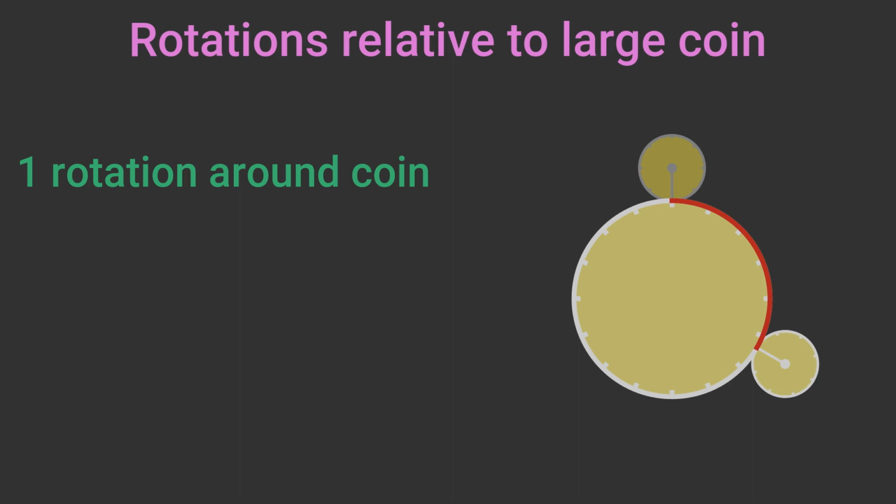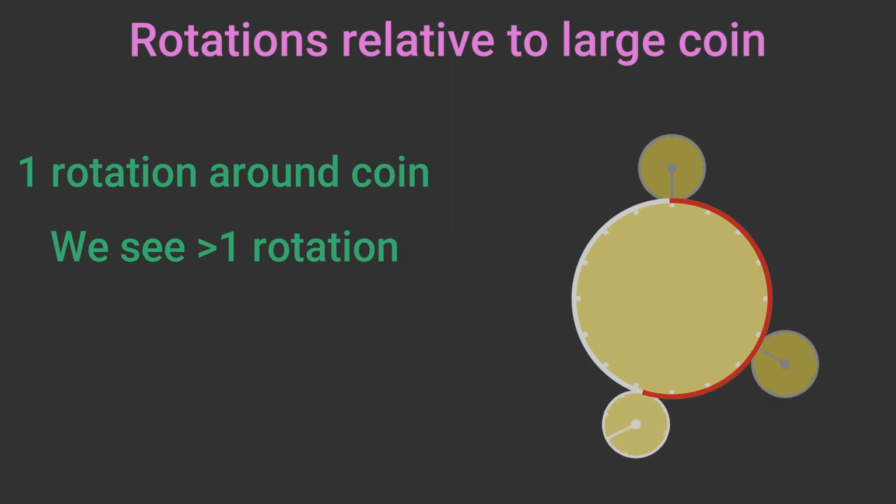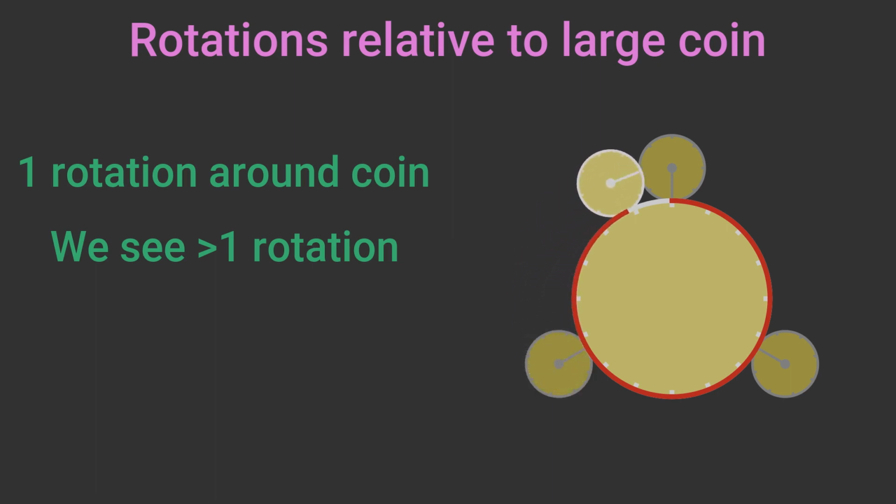But of course, from our perspective, the small coin has rotated by more than a full turn. After rotating another third of the way round, it is pointing at the centre once again, and after another third it is back where it started. So relative to the large coin, the small coin has only rotated 3 times. So you can see the animation wasn't cheating. But where does the extra turn come from?